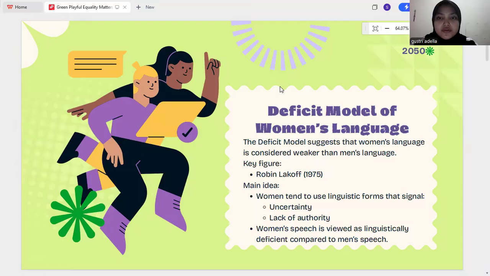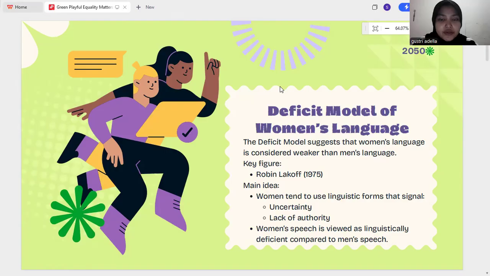So first, the deficit model of women's language. The deficit model suggests that women's language is considered weaker than men's language. Jadi, pada model defisit beranggapan bahwa bahasa perempuan dianggap lebih lemah dibanding dengan bahasa laki-laki.